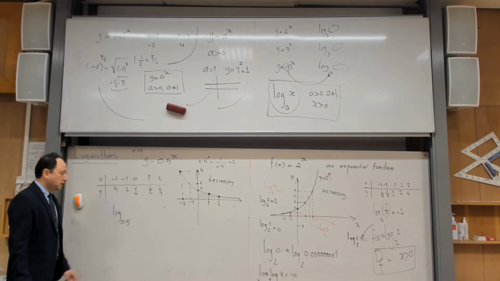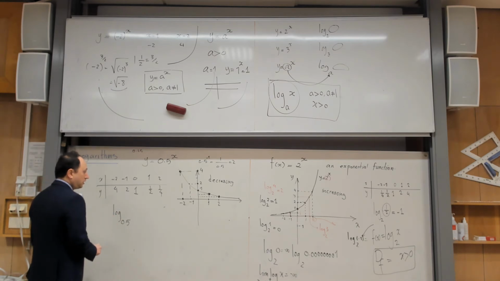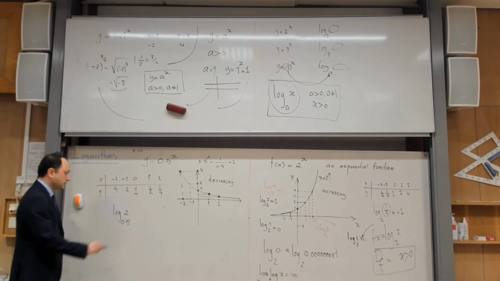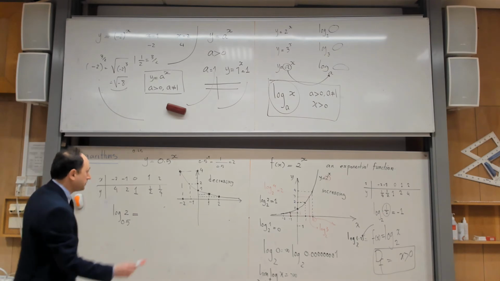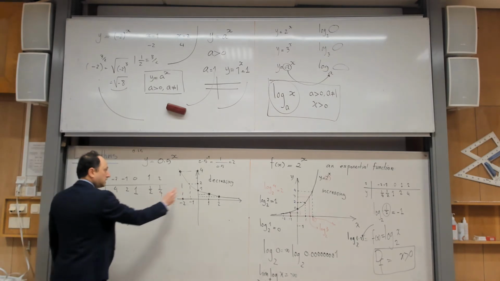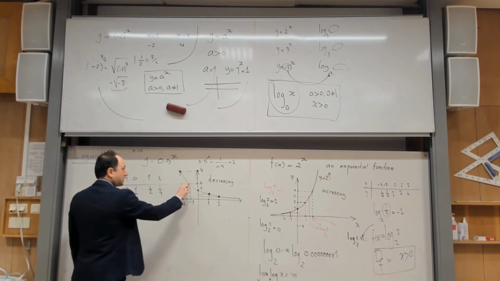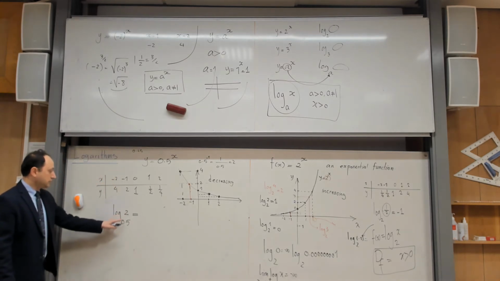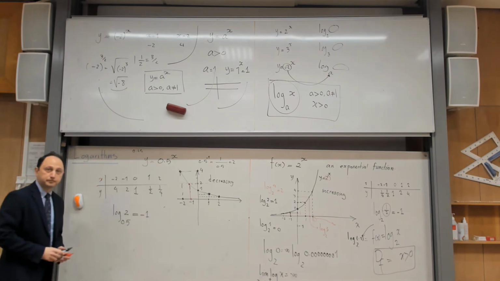Yes? And then I ask you what is the logarithm, for example, of 2 in base 0.5. Can you answer? It's -1 because the rule is the same. You go to 2 and you draw a horizontal line so that you intersect your graph and then go back vertically, you get -1. So the answer to the logarithm of 2 in base 0.5 is -1.